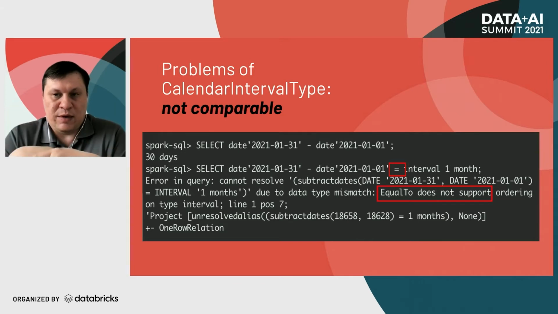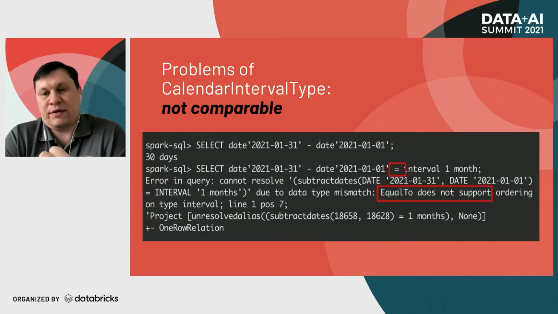Because months can have different numbers of days. That's why before version 3.2, Spark doesn't support comparison of intervals.